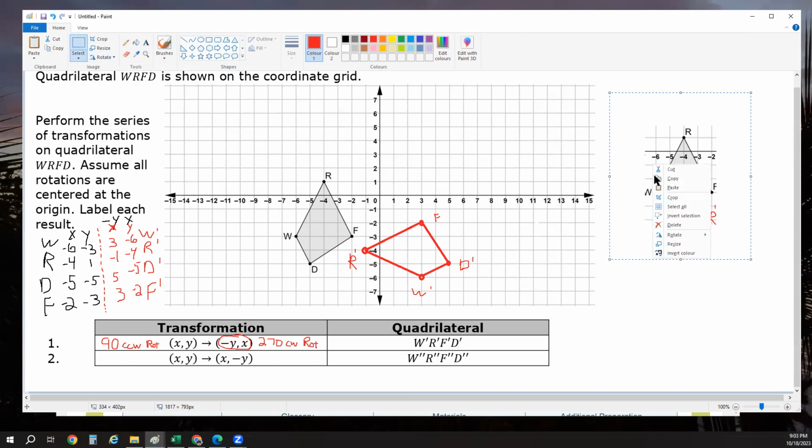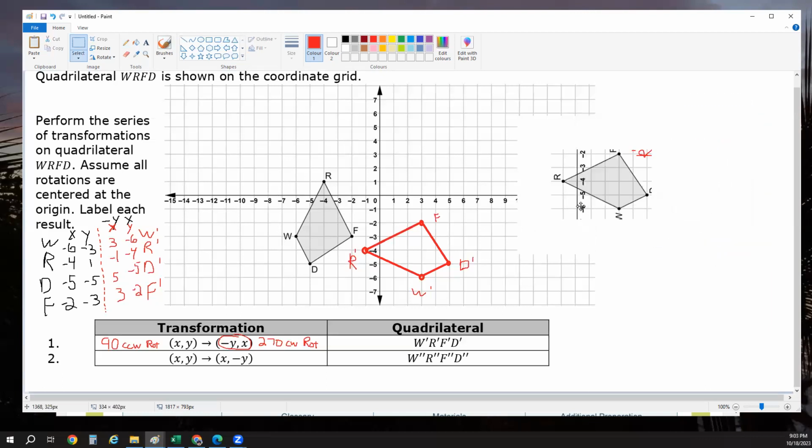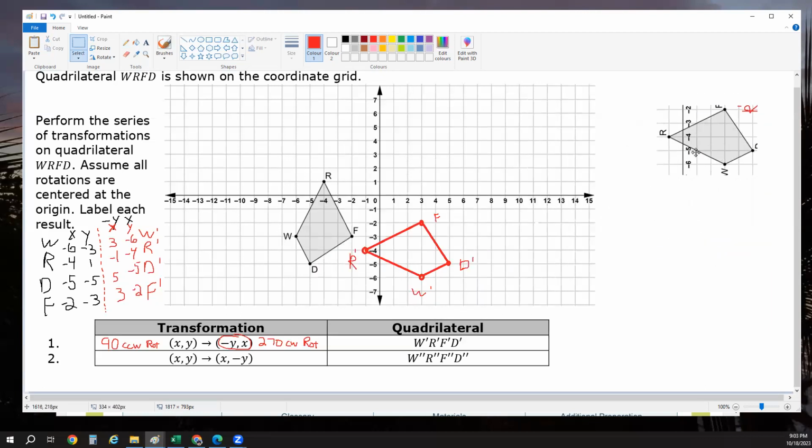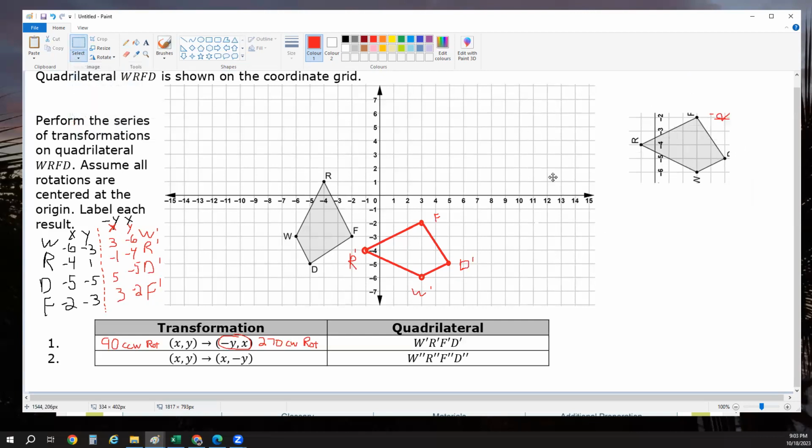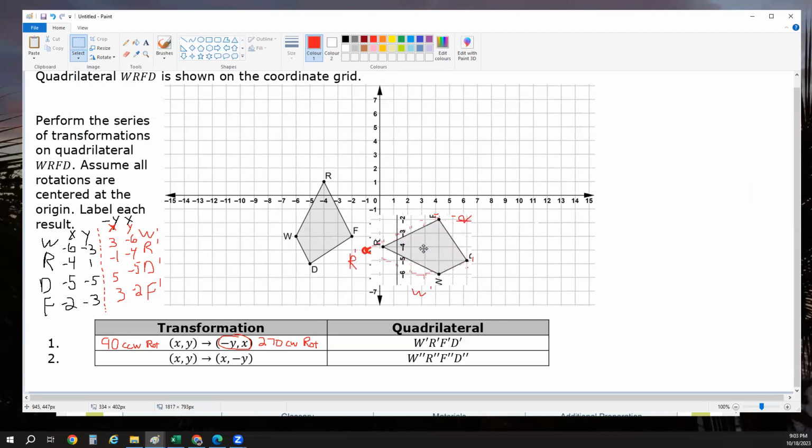Yep, I gotta rotate this again, rotate it 90 degrees that way. Then I can see here, it's still not transparent. Why isn't it transparent? There we go. Now I can see that it matches up pretty close. So that's a pretty good indicator that I rotated it properly.